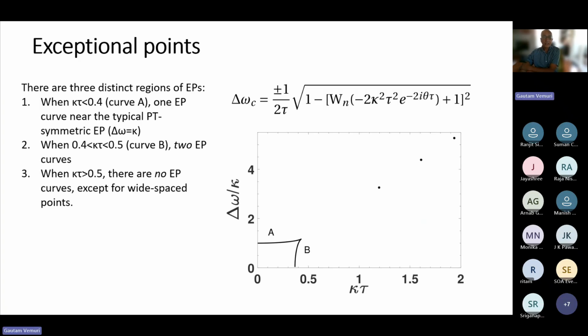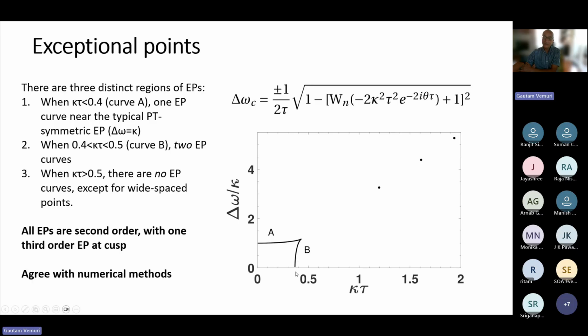And what I find is that if I plot this delta omega, this critical detuning, versus kappa, along this entire curve A, these are all pretty much the exceptional points that we expect when delta omega equals kappa. You see, this is equal to 1. But there are some additional exceptional points along this entire line B. There are also these other exceptional points.